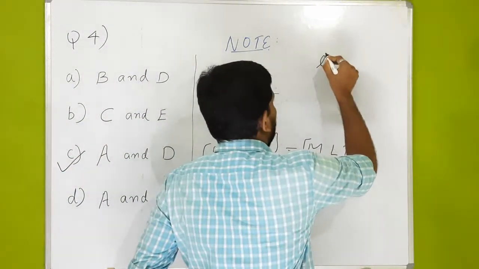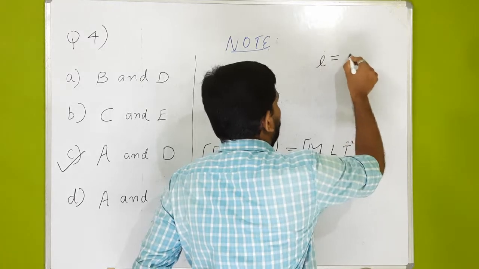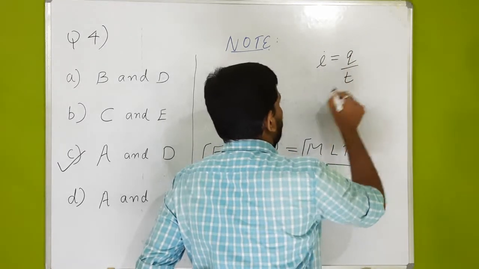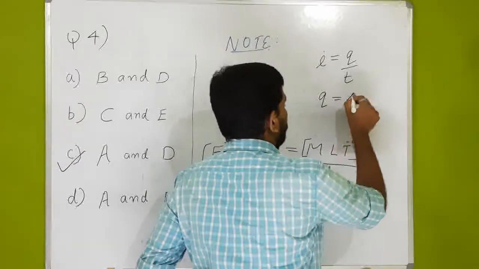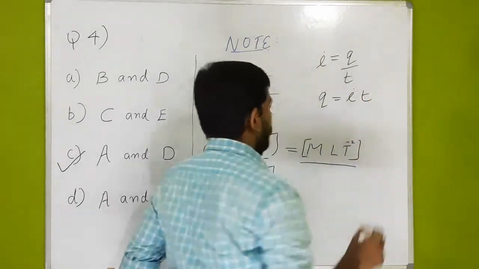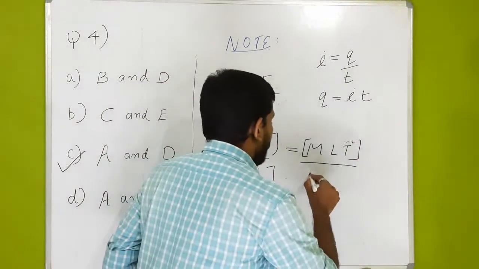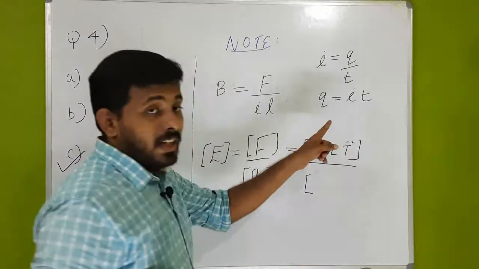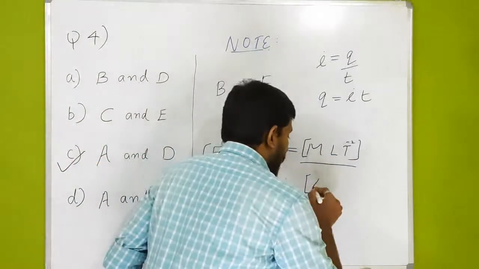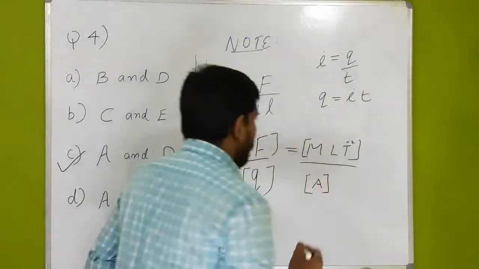You know that current is equal to charge divided by time. Therefore charge is equal to current into time, and current is denoted with the letter A for expressing its dimension.